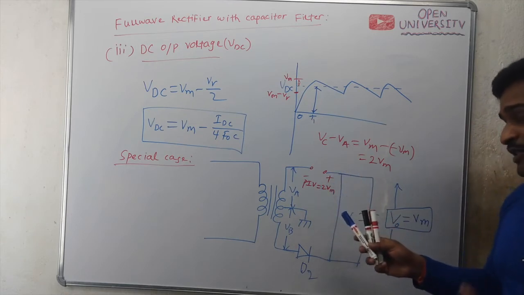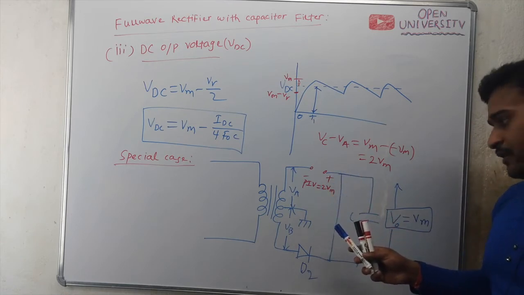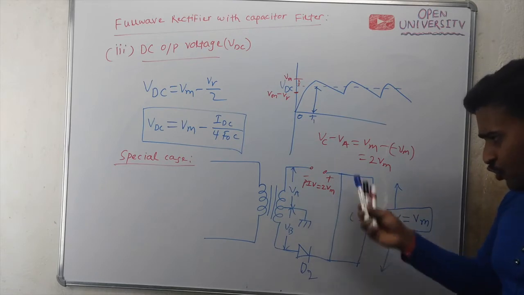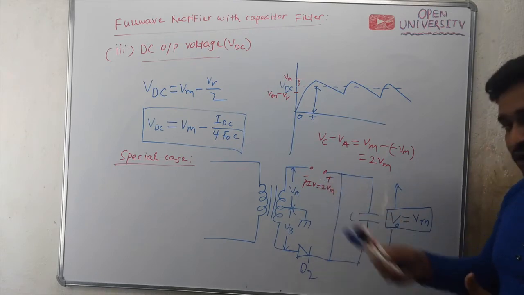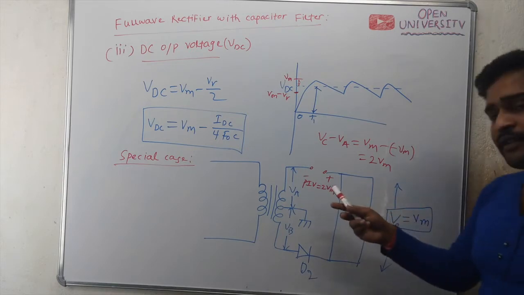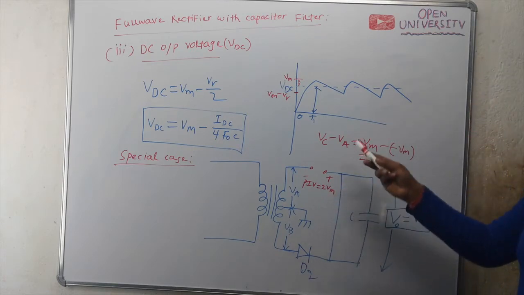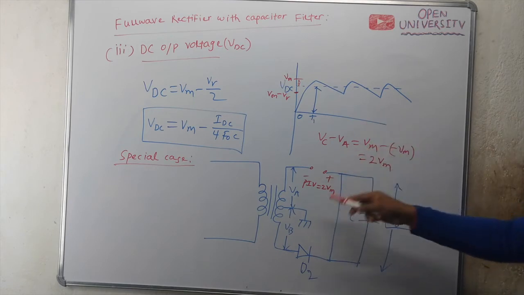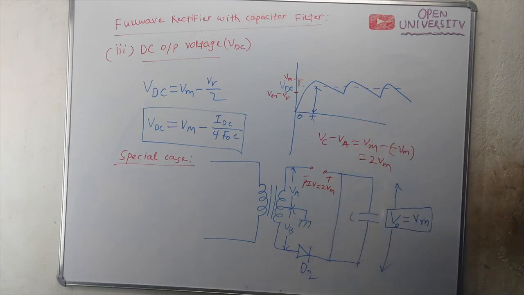That's why the voltage rating of the diode should be greater. But in this case, you don't need a greater rating diode, because the peak inverse voltage remains the same as that of without capacitor. So write down one note under this.